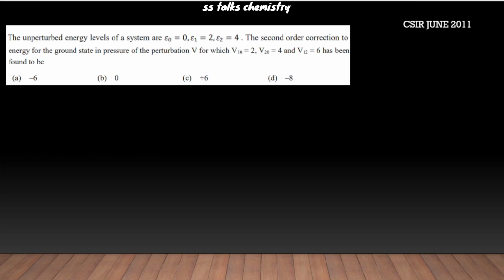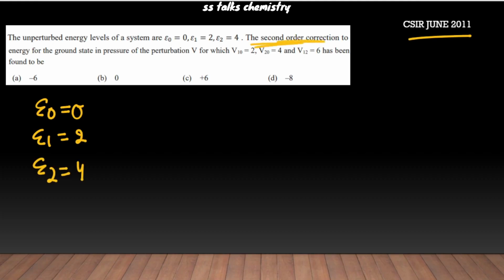Okay, next. Again, same paper. The unperturbed energy levels of the system are E0, which has energy 0, E1 is 2 and E2 is 4. We have to find the second order correction, which always comes out to be a negative value.